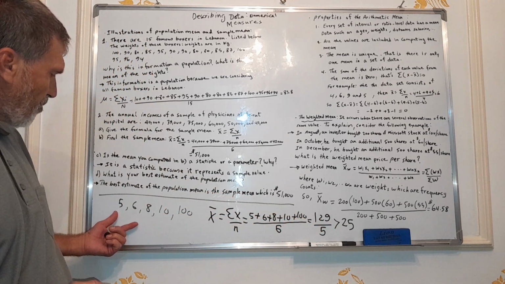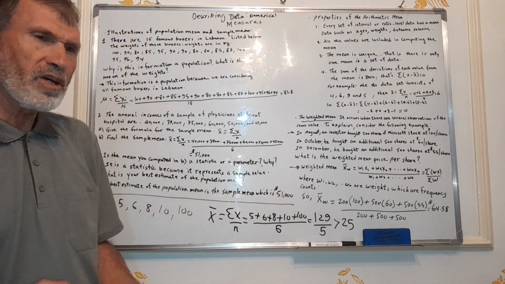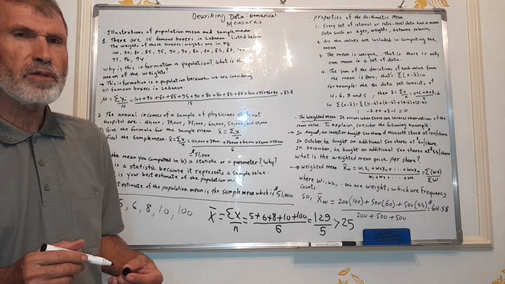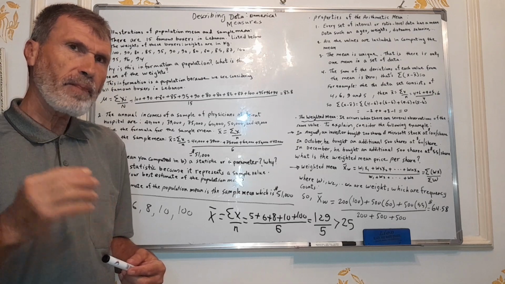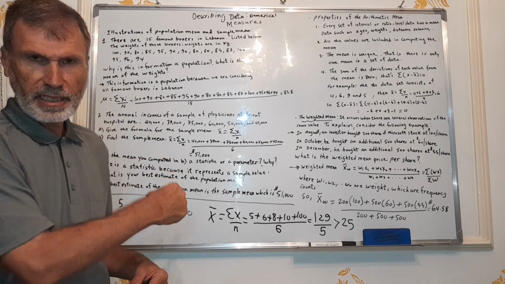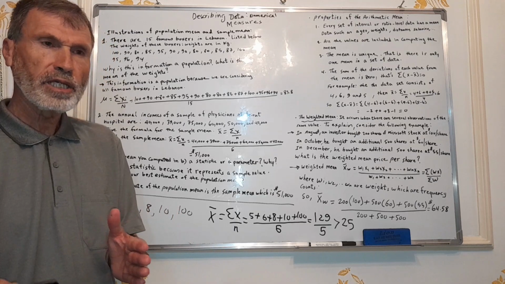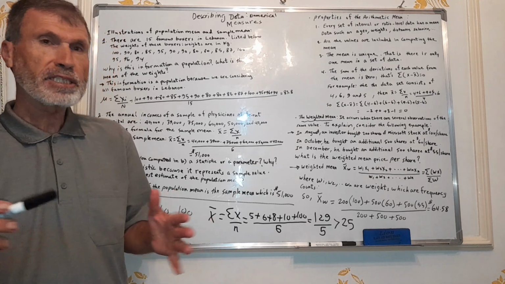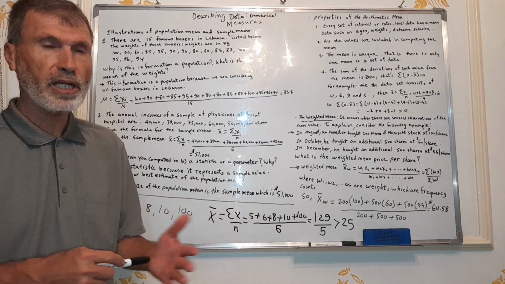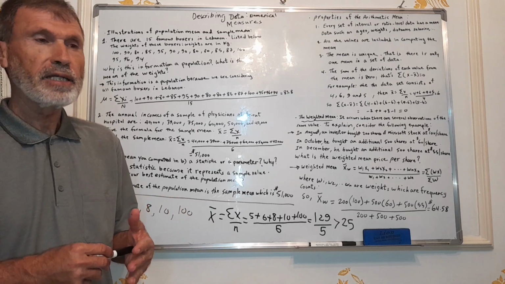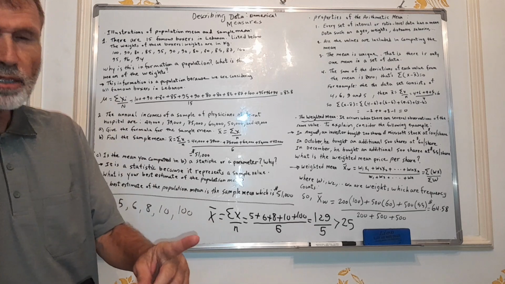This data is 5, 6, 8, 10, and this is 25. So this will give you an average that is not at all representative of the data. That's why we are saying that the mean has some weakness: when you have one or two values that are either extremely large or extremely low compared to the rest of the data, you're going to come up with a mean that is not at all representative of the data. This is the weakness of the mean.